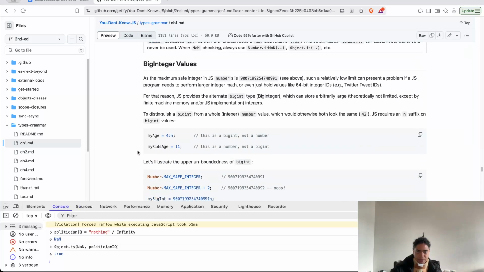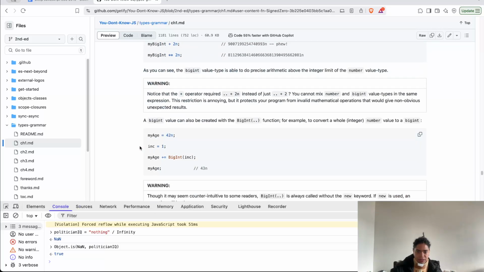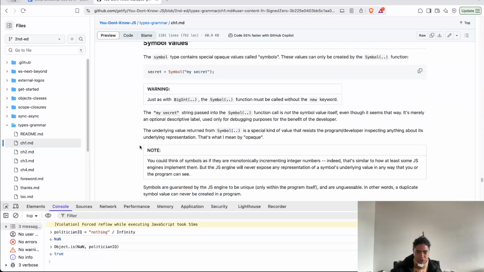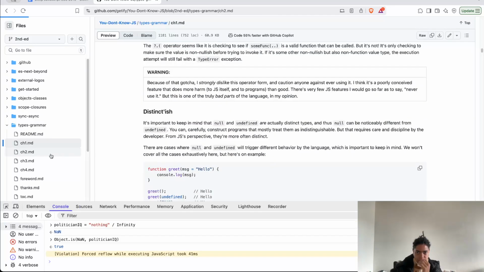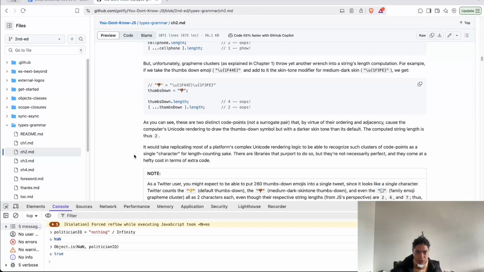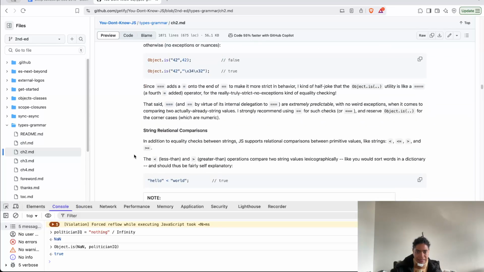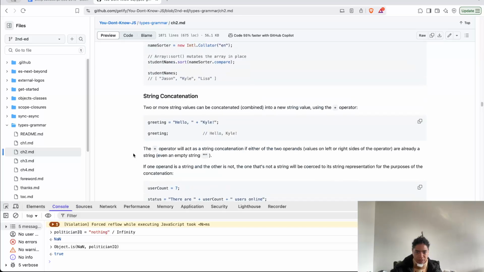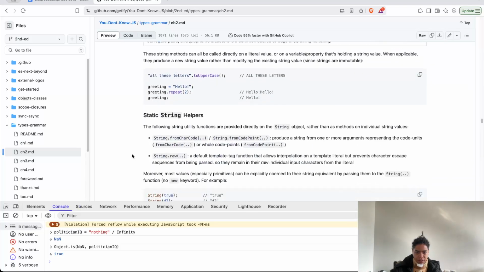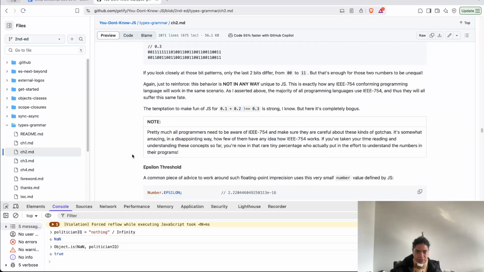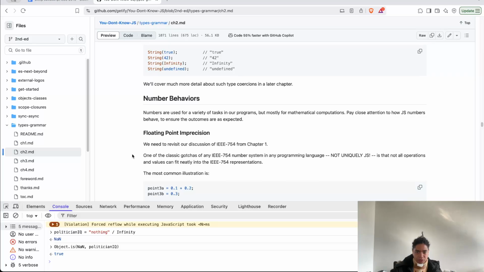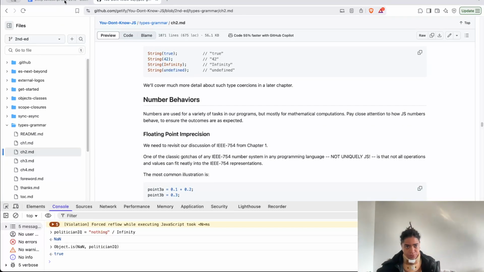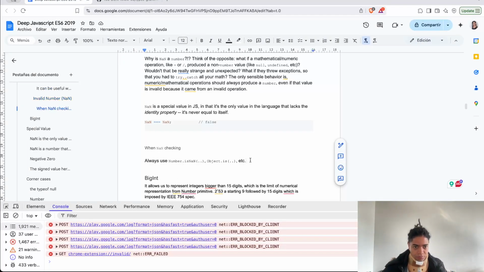All right. So then we reach now the big integers. But before moving into that, which is something that I prefer to do later, I want to move on to the number behaviors. All right, the numeric behaviors, string concatenation, string values, static, and here we are, number behaviors.